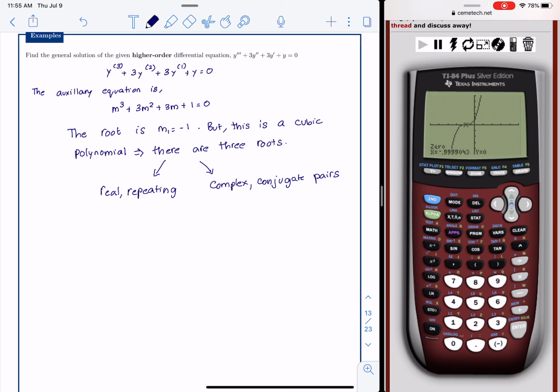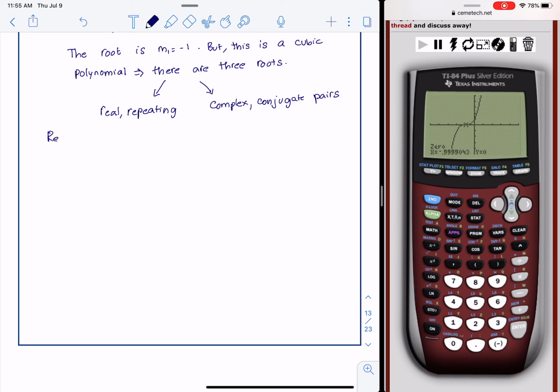So if you know the binomial theorem, then just by looking at it, you can realize that it is real and repeating. So I'm just going to go ahead and write a very general formula here. If we have x plus a cubed, then that would equal x cubed plus 3a squared x plus 3ax squared plus a cubed.